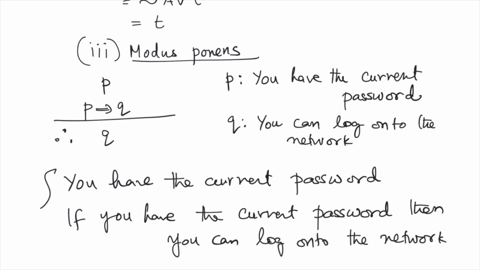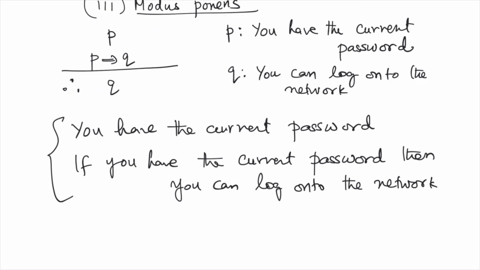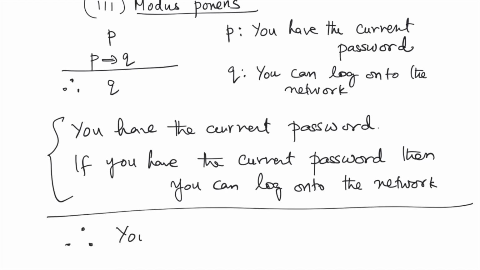Now think about these two. You have the current password, and the second statement says if you have the current password, then you can log onto the network. So therefore you can say that you can log onto the network.